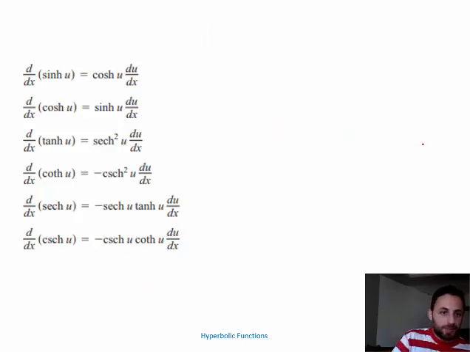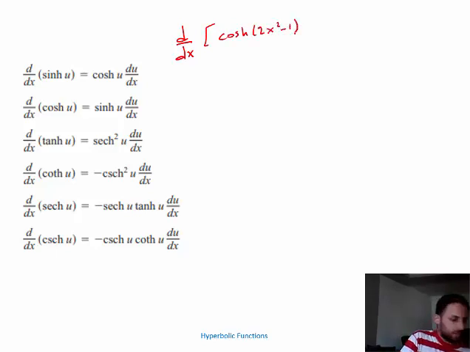Let's take another example. Now you are asked to find the derivative of cosh of 2x squared minus 1, all to the power 2. We know that if we have x to the power n, the derivative is n x to the power n minus 1 multiplied by the chain rule x prime, which is 1.